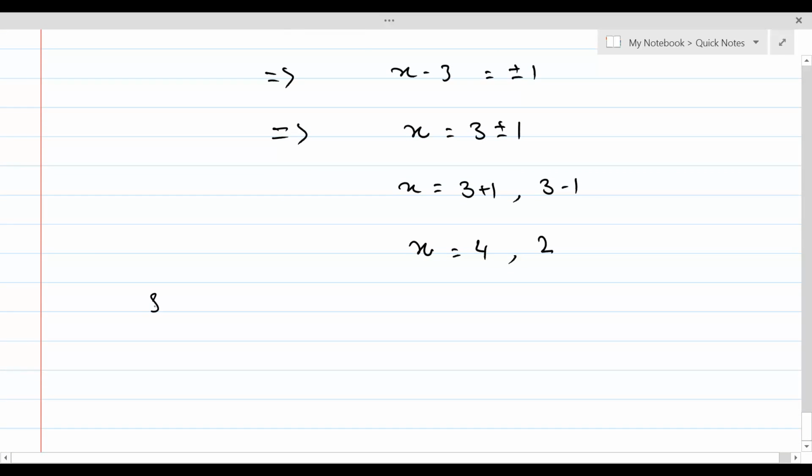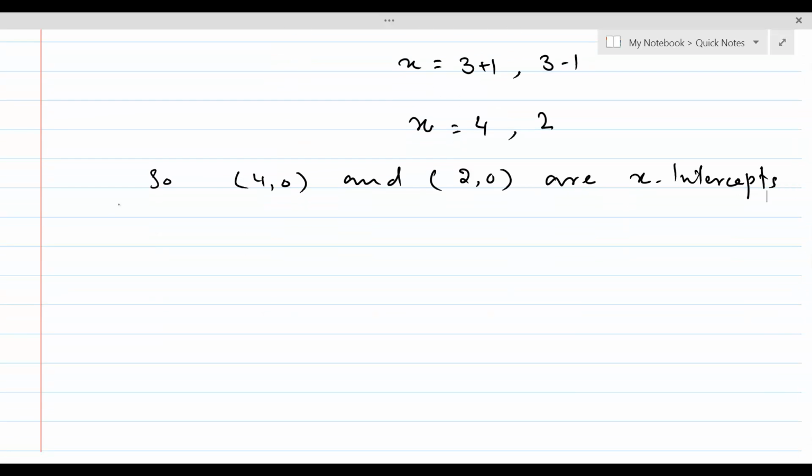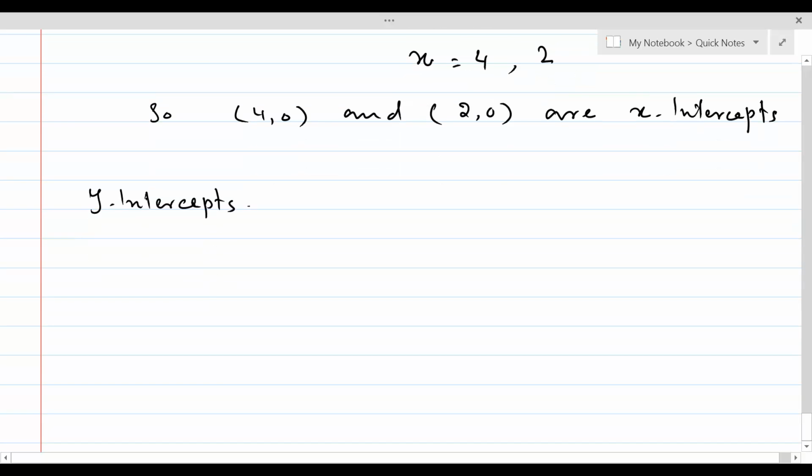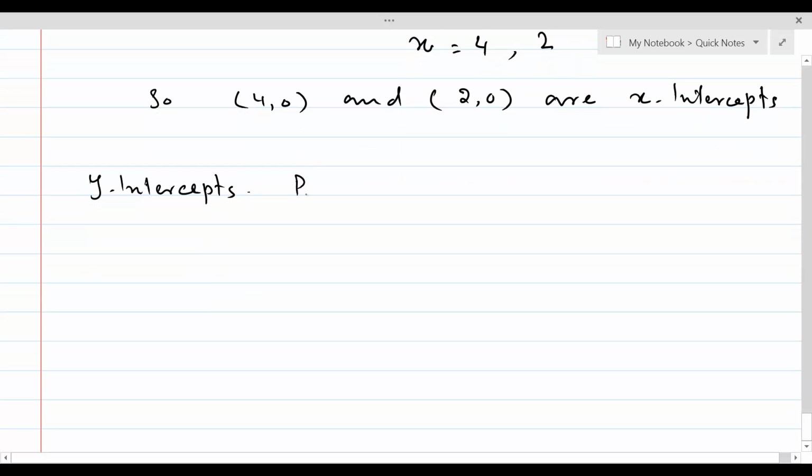So (4, 0) and (2, 0) are the x-intercepts. Let's find the y-intercept. For the y-intercept, put x equal to 0.